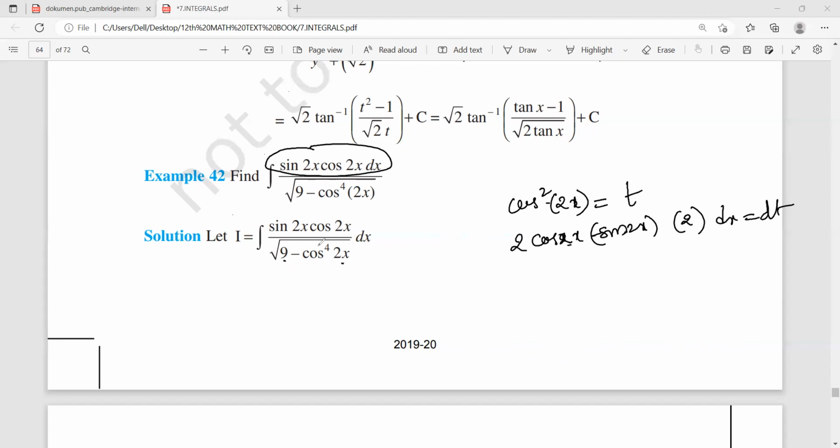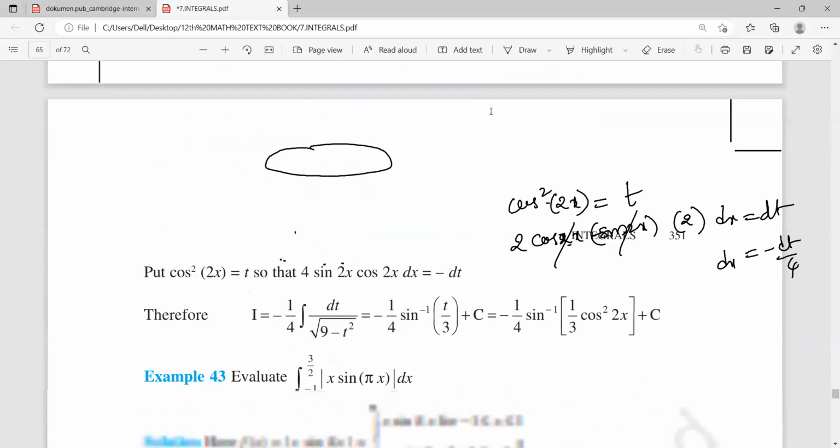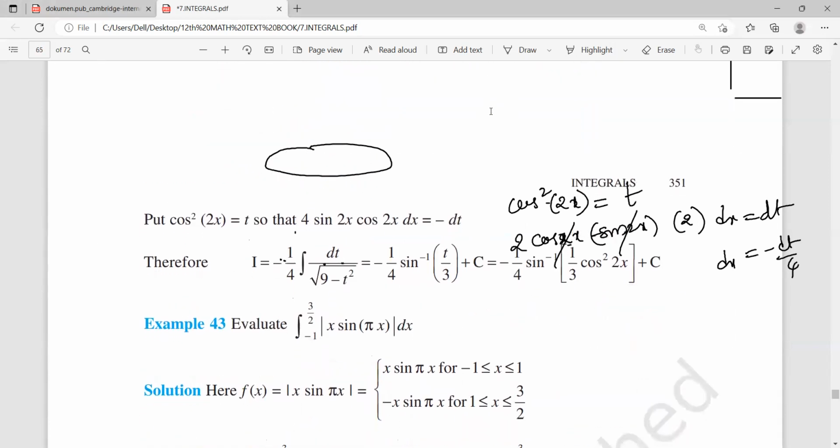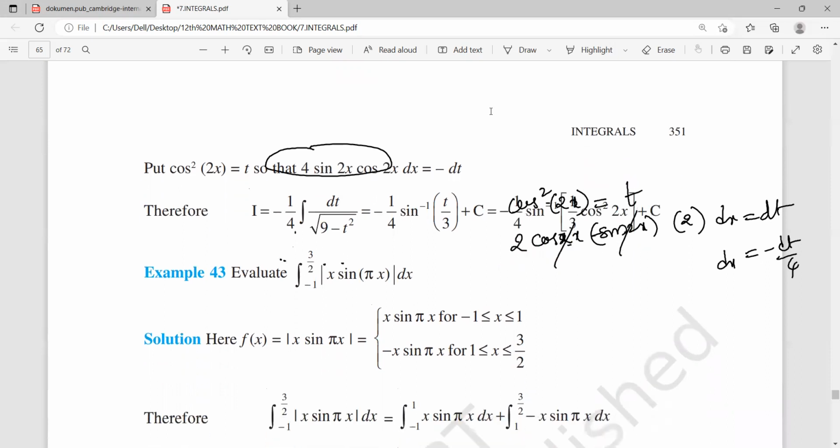The 4 goes to that side, so sin 2x dx is minus dt by 4. Yes? That's it. Minus 1 by 4 into dt by root over 9 minus t square, which is sin inverse t by 3.